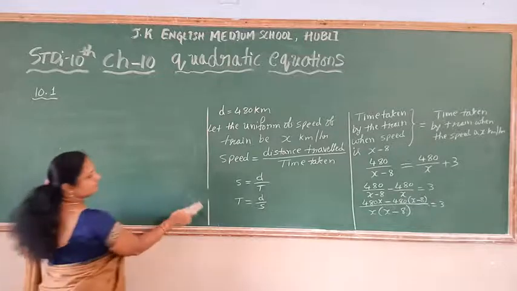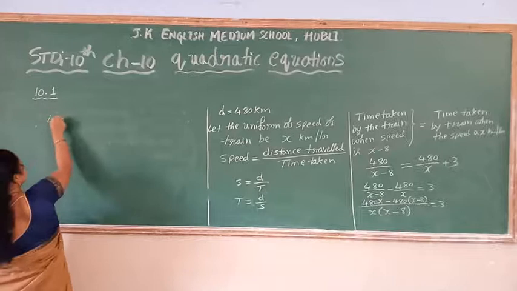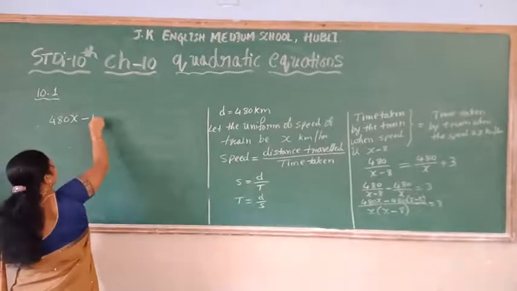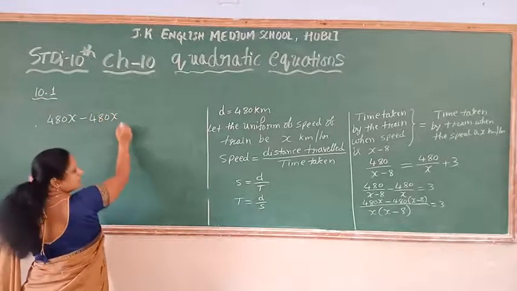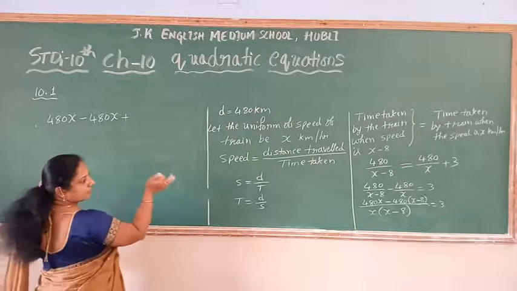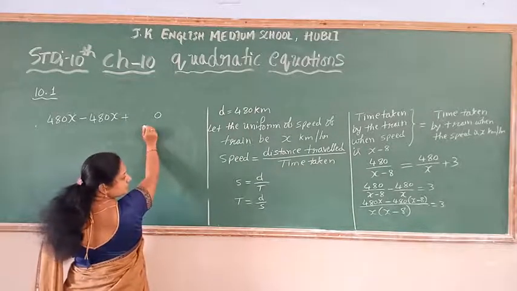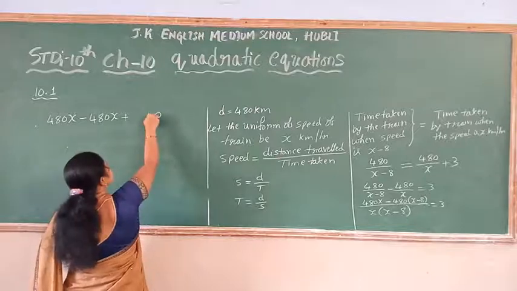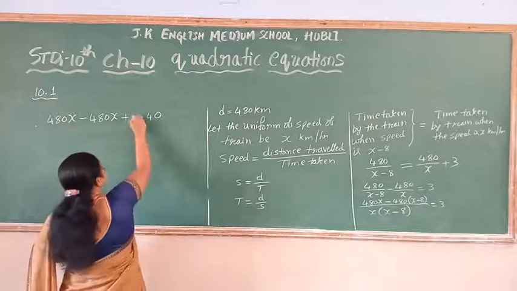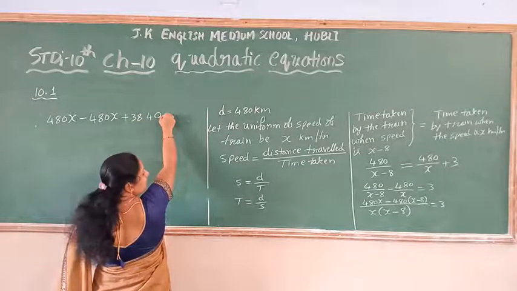So here, after that step, 480x minus 480x, minus into minus plus, multiply 480 into 8. That is 3840.